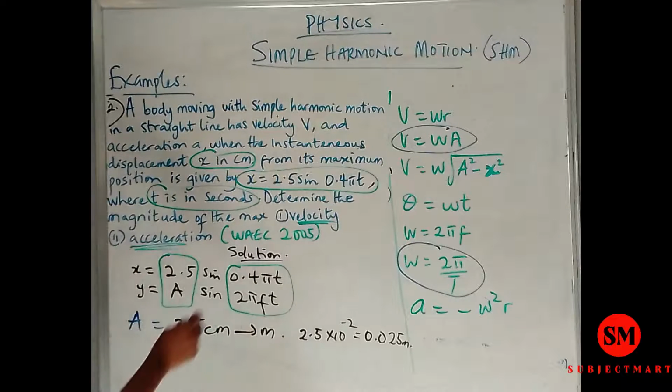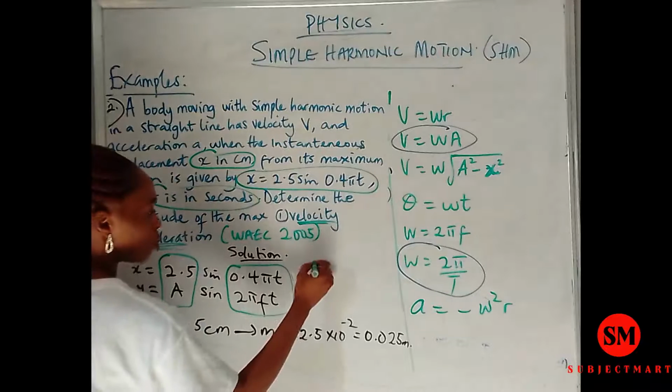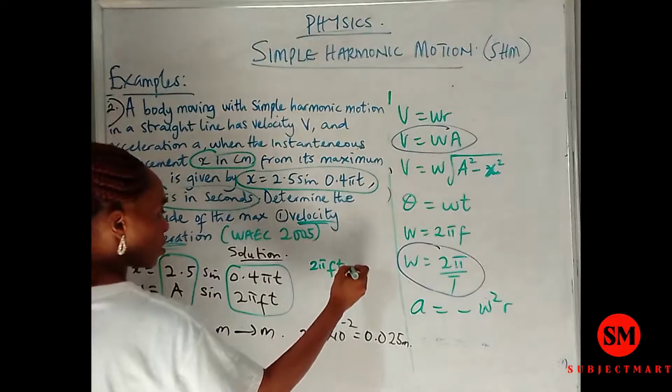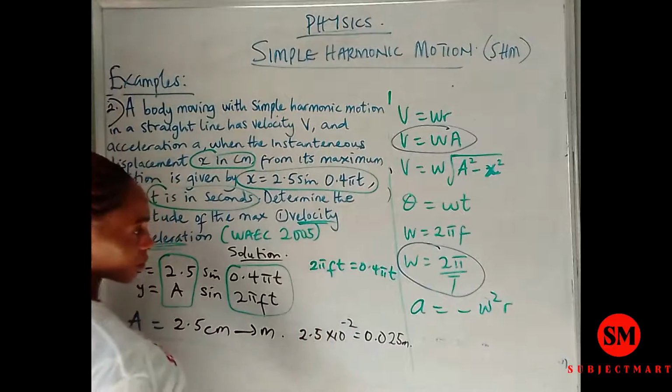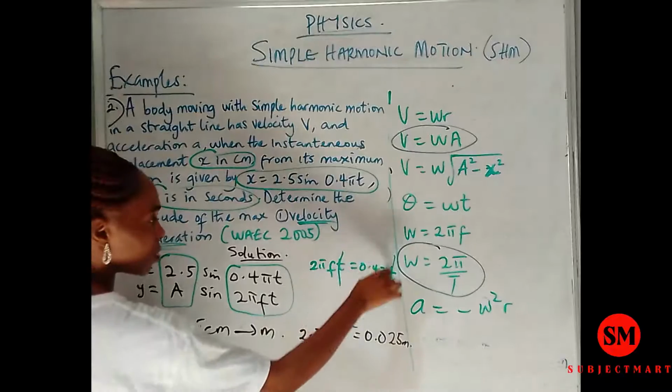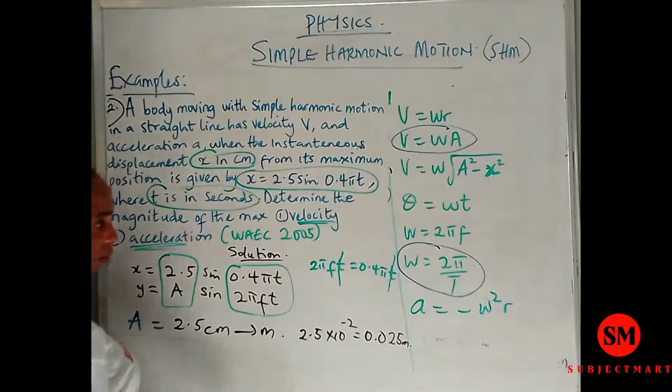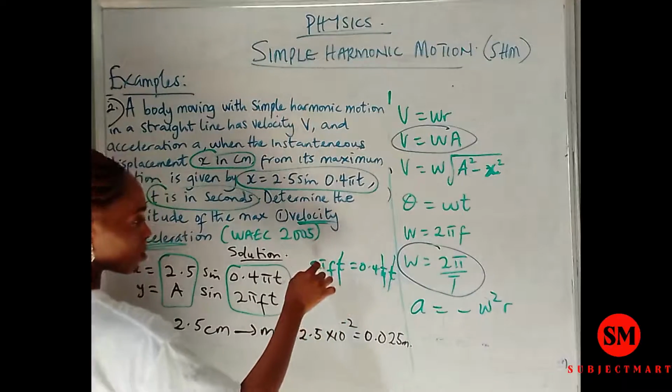So from here also we are given our 2 pi f. Let's compare this to 2 pi f t is equal to 0.4 pi t. t cancels t, pi cancels.